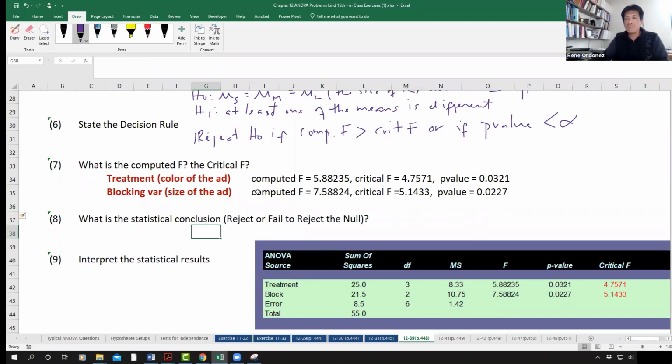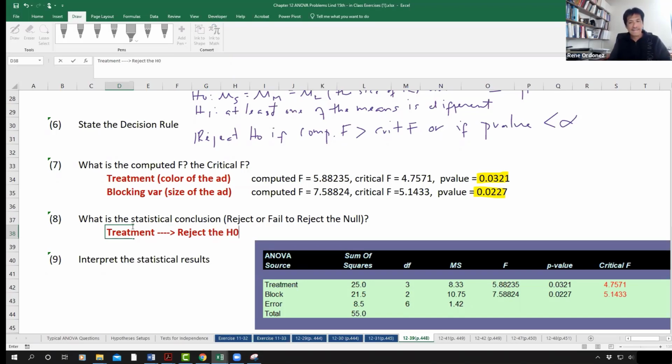Okay, we're good so far? So if we simply just look at the p-values associated with treatment and then the blocking variable. So for the treatment, the conclusion would be to reject the null hypothesis.